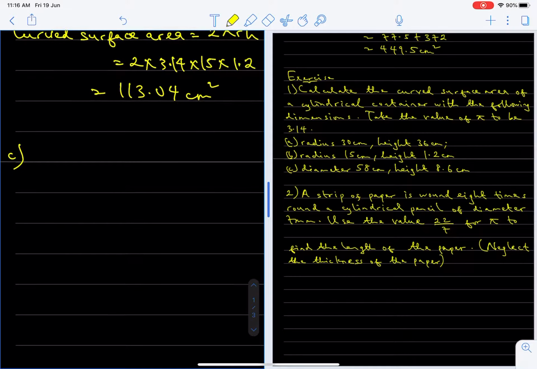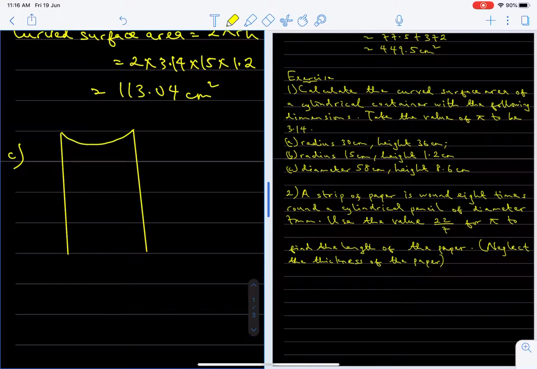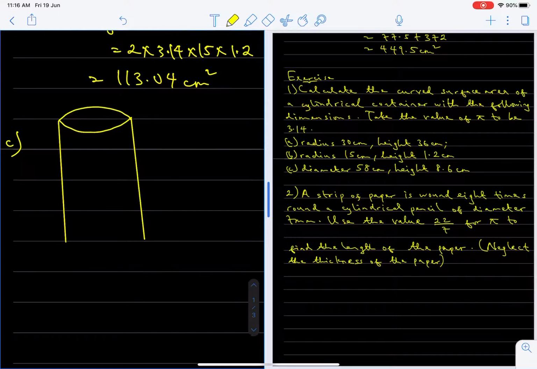The container has dimensions. It has a diameter of 58 centimeters. That's the diameter of this circle.